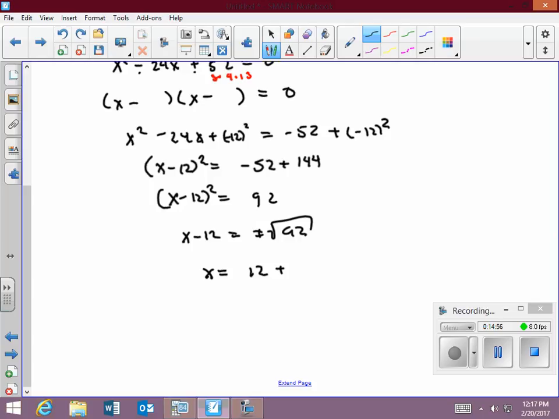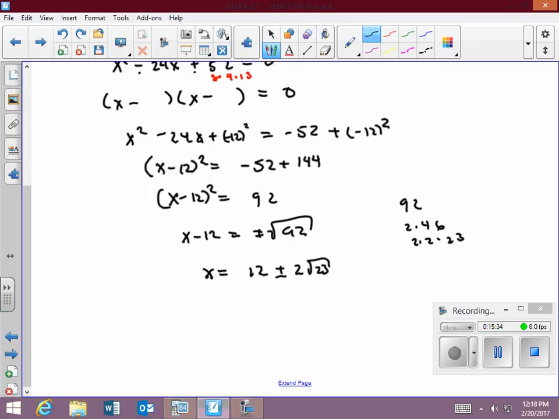Let me just see, does 92 factor out? 2 comes out of there, and 46. 2 times 2 times 23. So this is going to be 2 square root of 23, right? Plus or minus. So x is that.